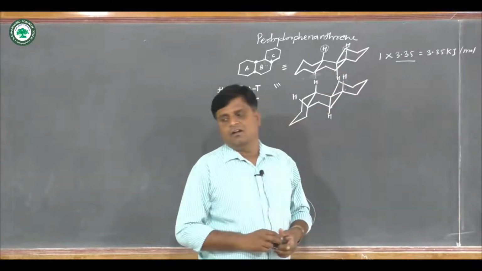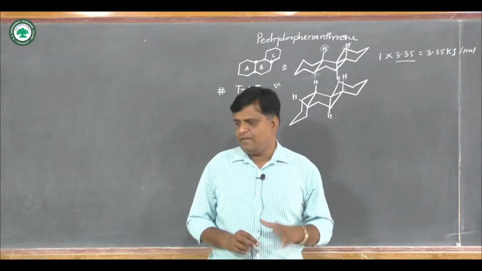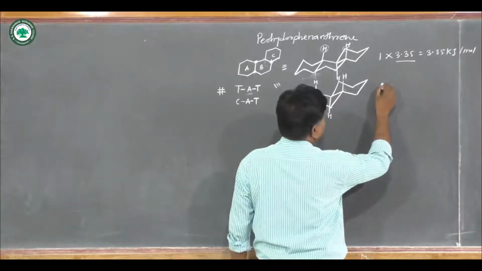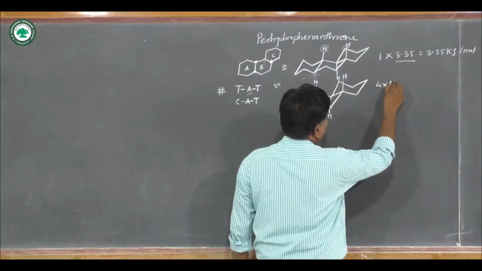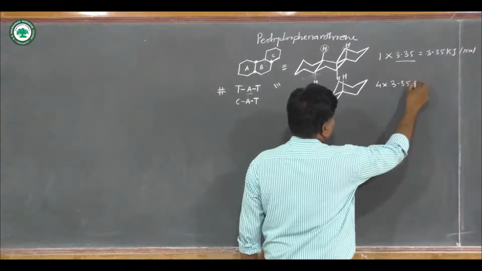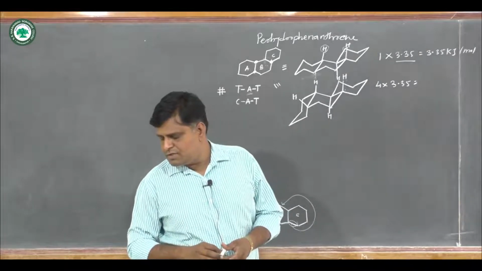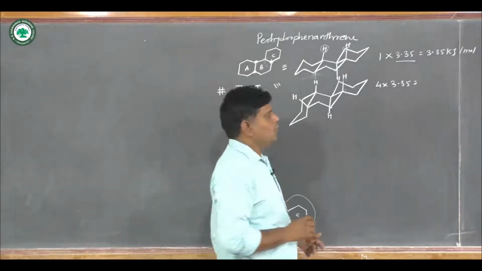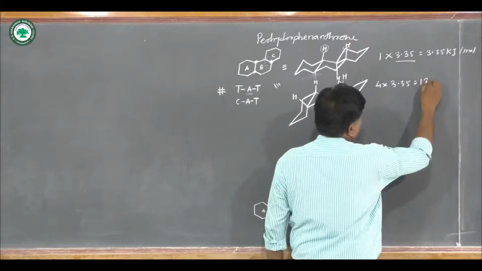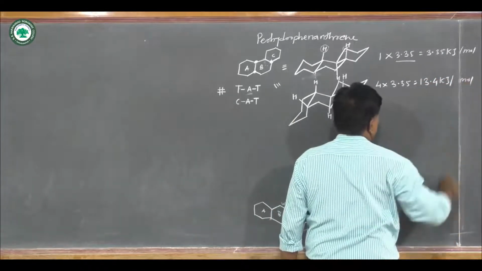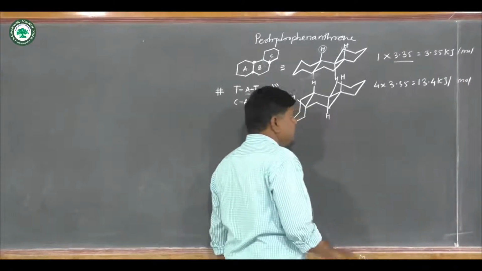So here in total we have 4 interactions. So we write here 4 into 3.35, we get the final value which is 13.4 kilojoules per mole. Okay, so you remember this one.